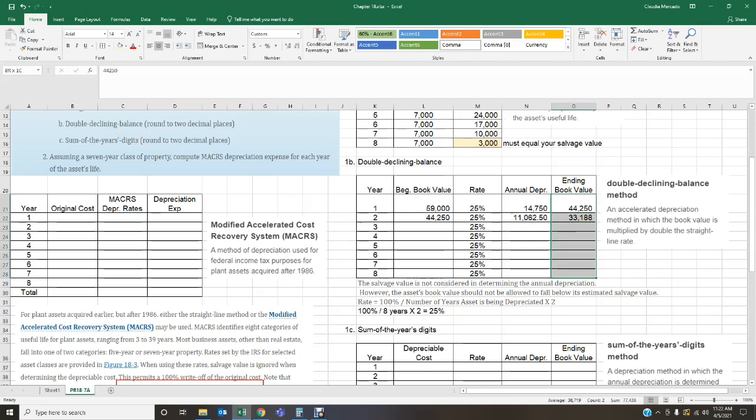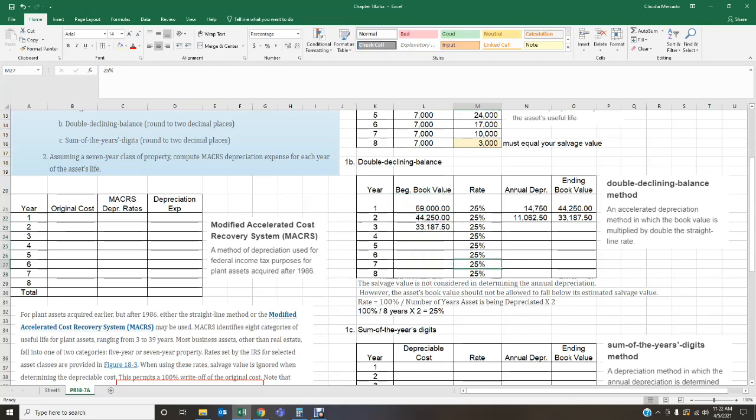Let me move these so we don't round. So book value minus annual depreciation gets you your ending book value. Once I've got that calculated, I'm going to bring that down.